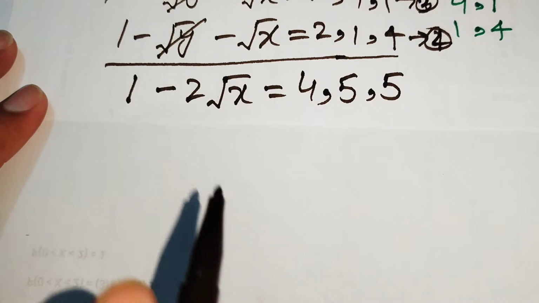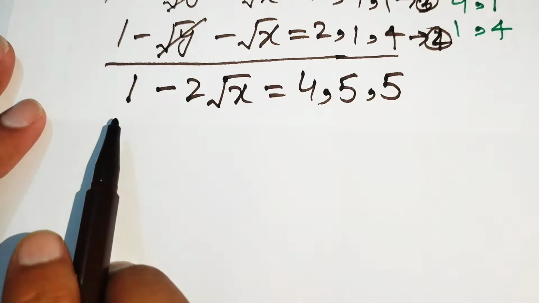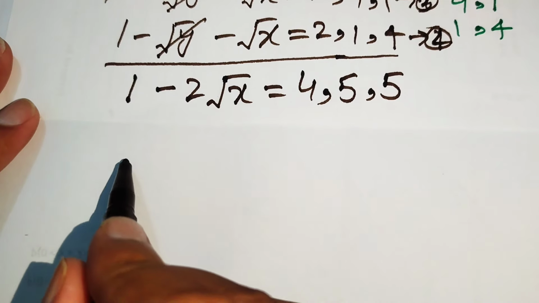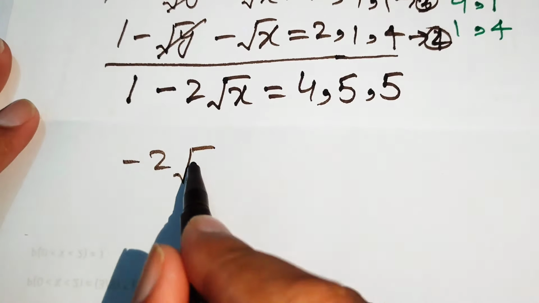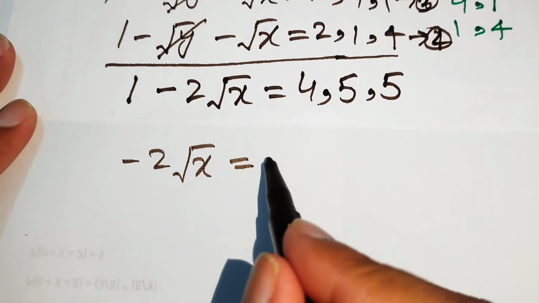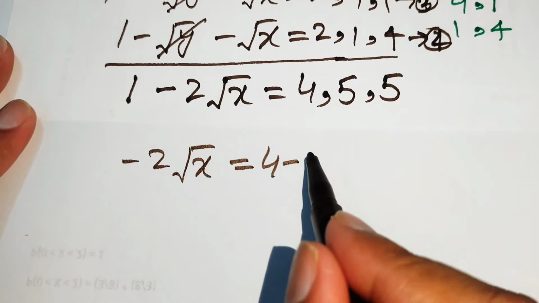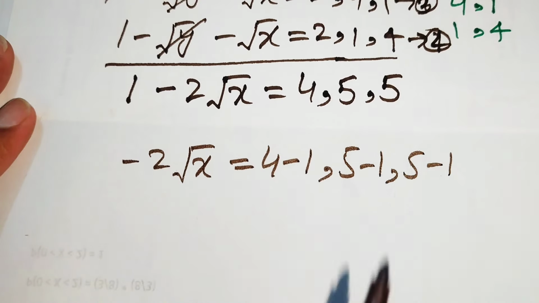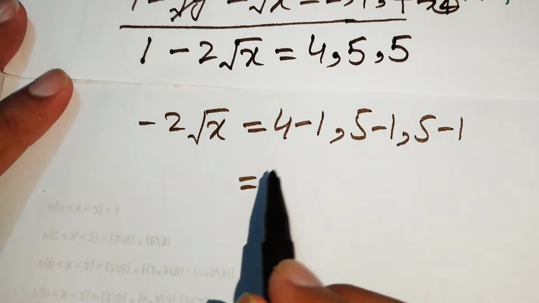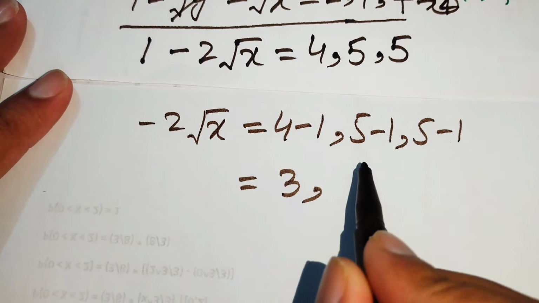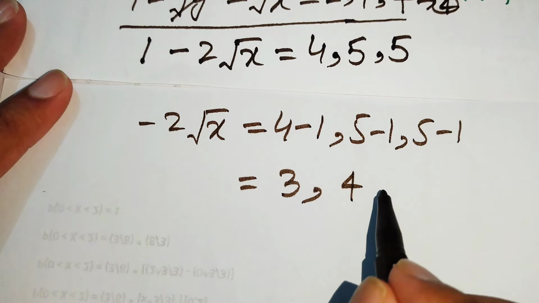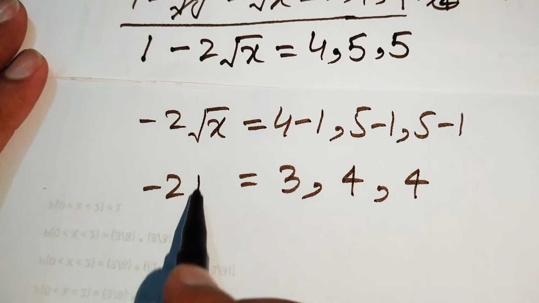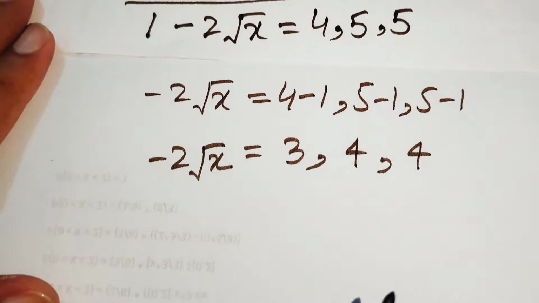Now in the next step we move the plus 1 to the right hand side, and we subtract 1 from all of these values, so it is written as minus 2 into square root of x equals 4 minus 1, 5 minus 1 and 5 minus 1. So here 4 minus 1 is 3, and 5 minus 1 is 4, and 5 minus 1 is also 4.